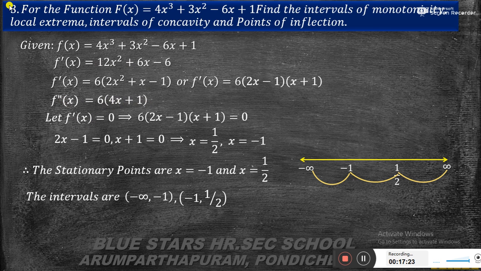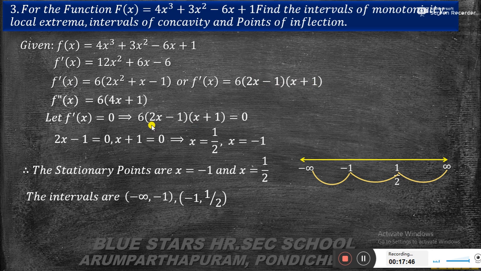Now we find the intervals and local extrema, as the question asks. So now we take f'(x) equal to 0. That means 12x² + 6x - 6 equals 0. Already we factorized this: f'(x) equals 6(2x - 1)(x + 1).